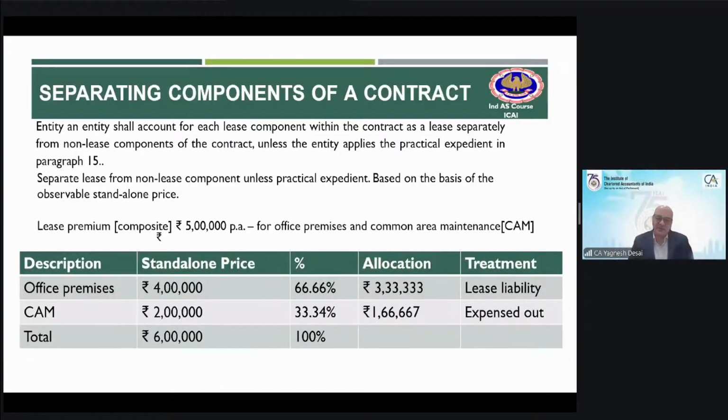The car is specified and identified as per your specification, and we give the same car but with a driver, and you don't have to pay separately for the driver.